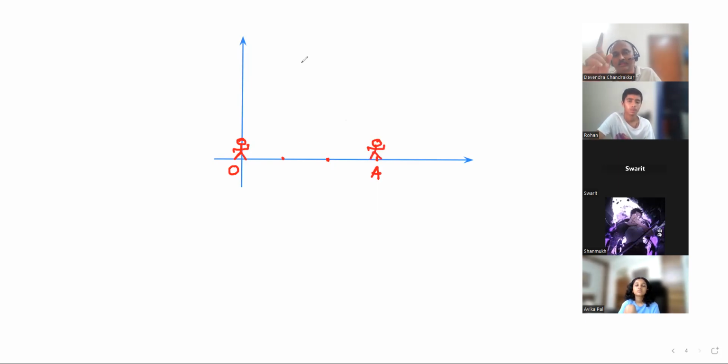And then he takes a left turn and travels for almost 4 units.